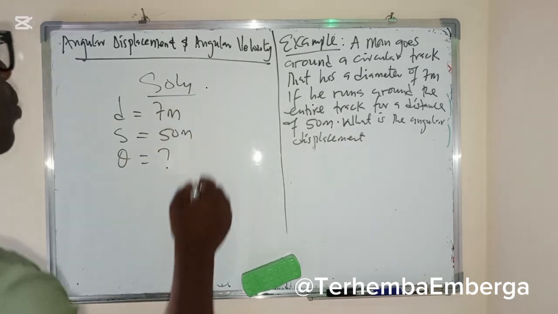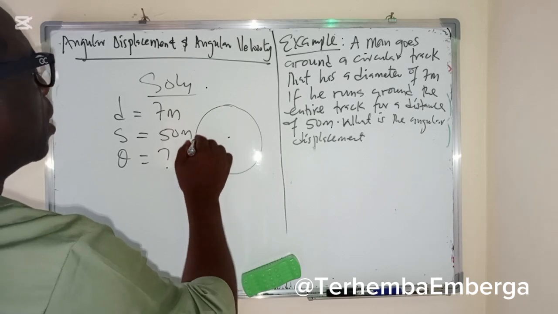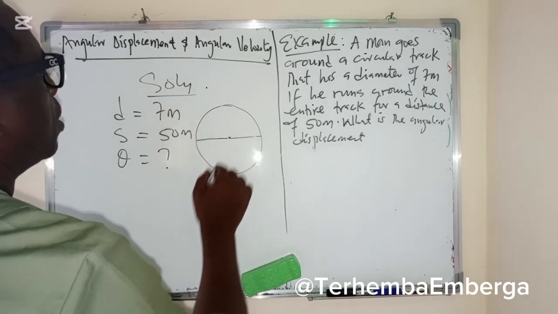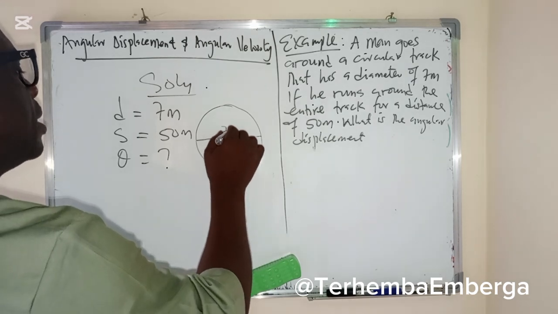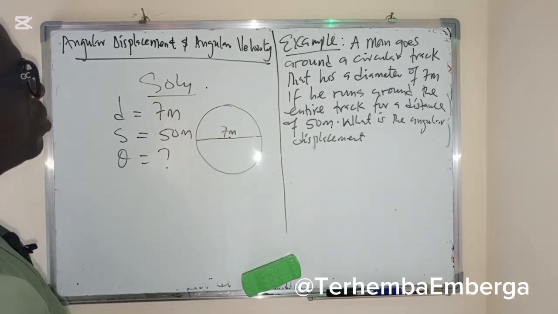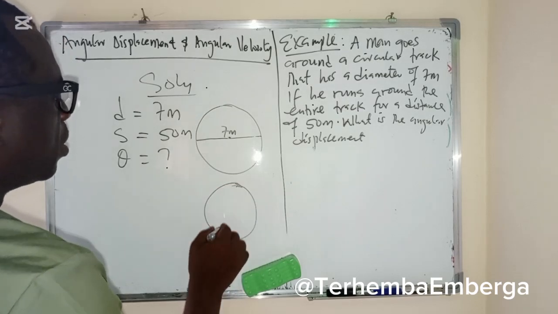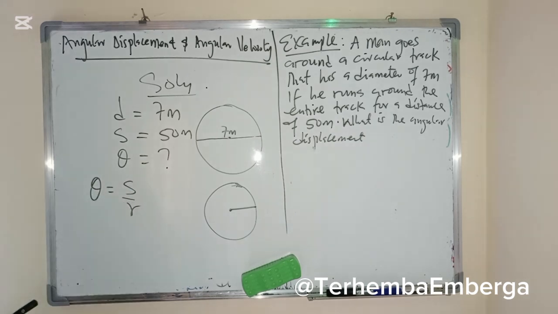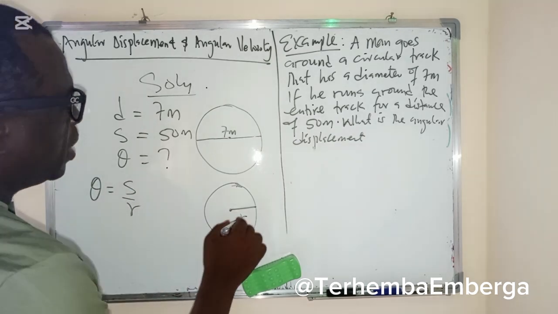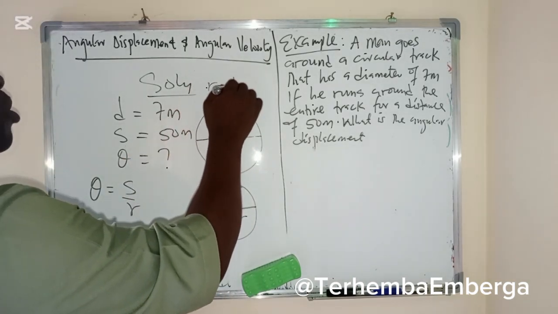So we know that when you have something like this, if this is the center, this is the diameter, and this diameter is 7 meters. For you to find the radius, in this formula, we have theta equal to S all over R. Radius is D all over 2.